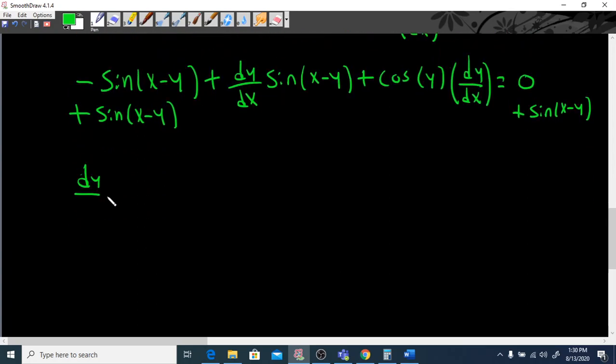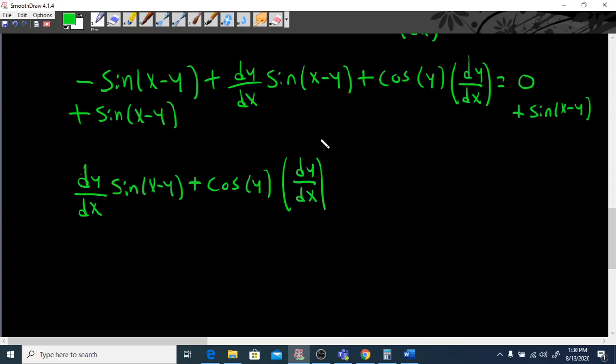So let's write down what we have. dy dx sine of x minus y plus cosine y dy dx. It doesn't matter what order you write this in, it's multiplication. And then equals sine of x minus y.